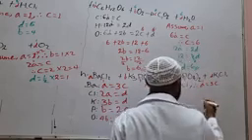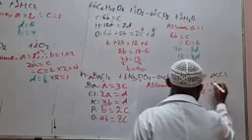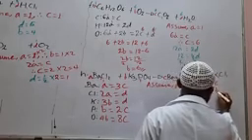A means 1, therefore C is equal to 1 over 3.